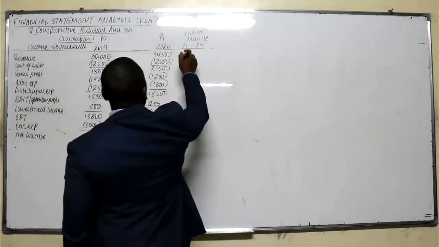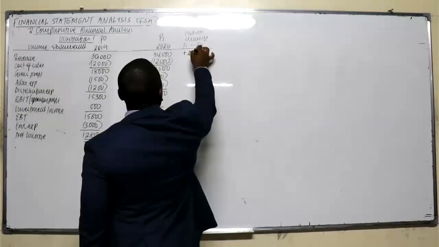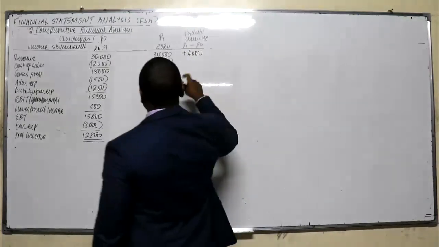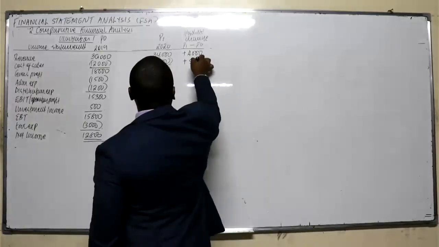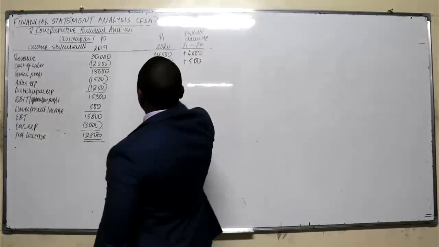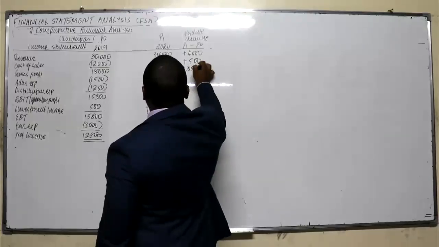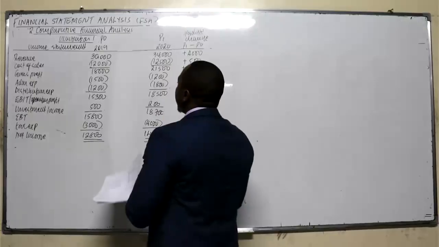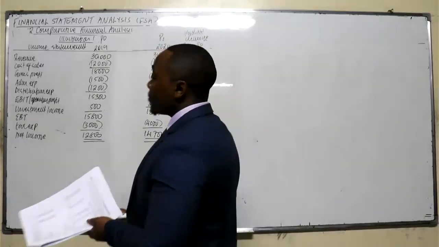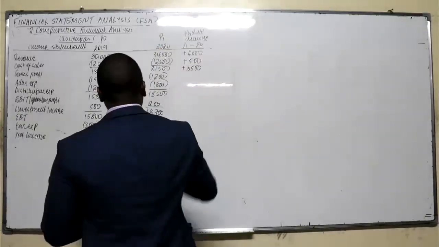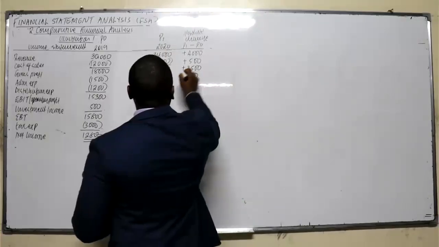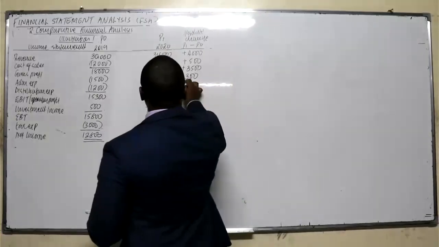By how much? 4,000. An increase by 500. 15 to 12, a reduction by how much? A reduction by 300. An increase by 600.